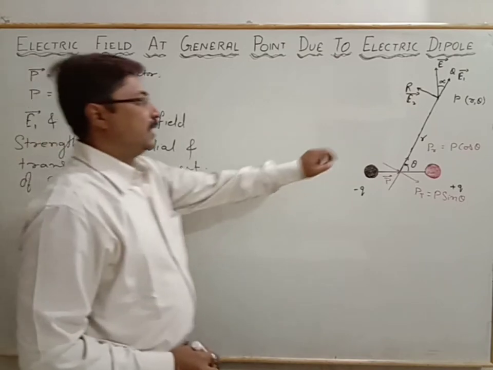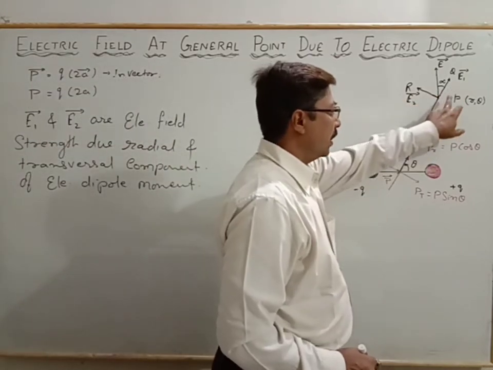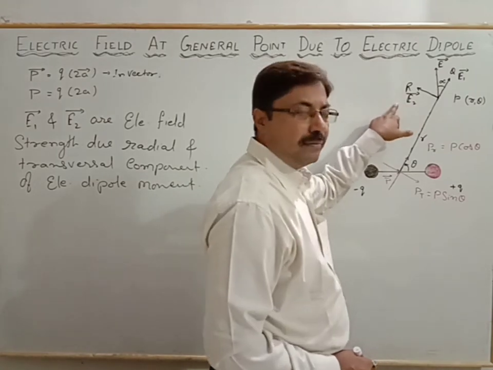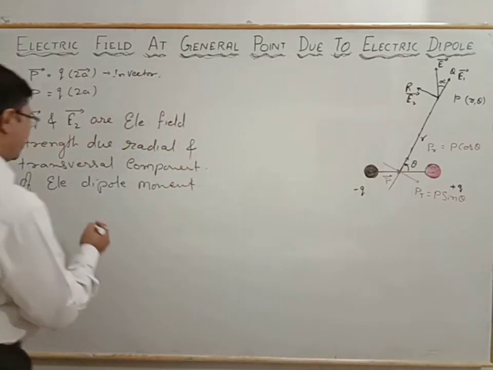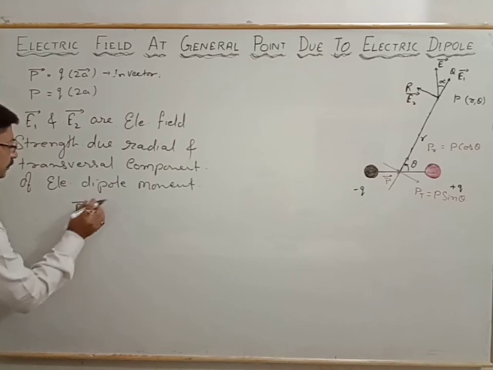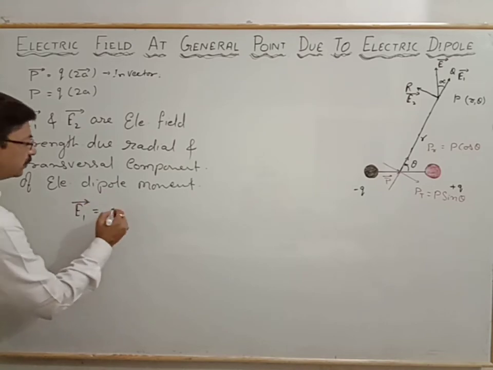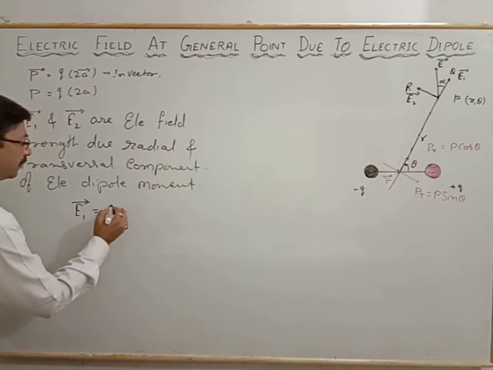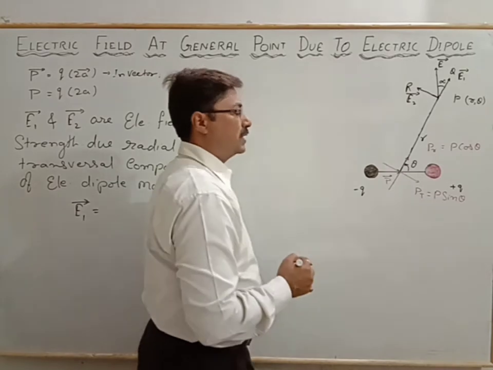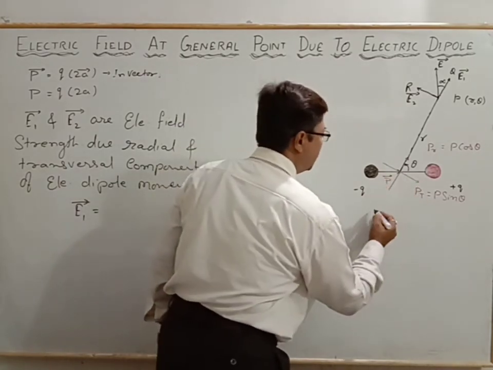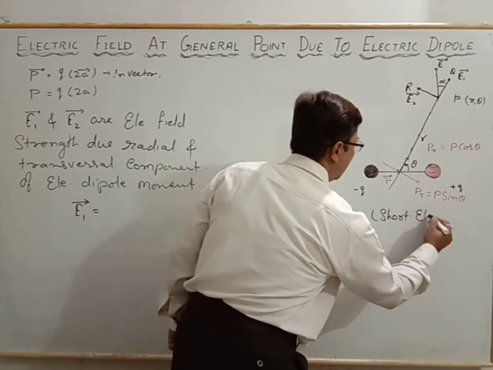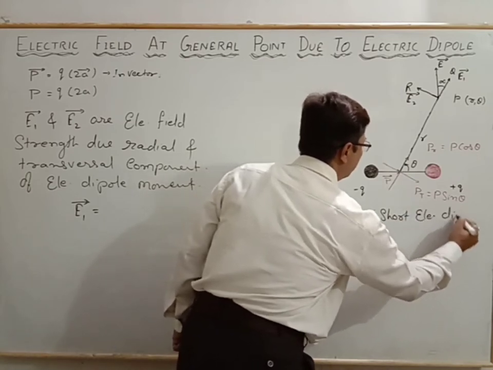That means E1 is the axial value and E2 is the equatorial value. So we will write here that E1 vector is equal to, here we will use the case of the axial. One more thing we must know, that this dipole is a short electric dipole.